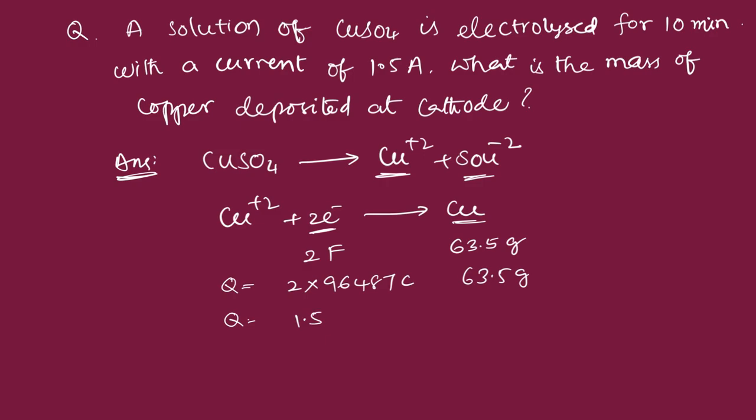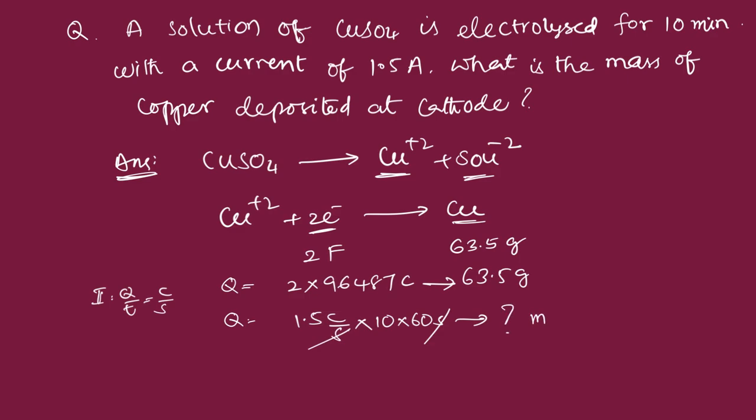Ampere means what? Current is equal to Q by T, that is coulomb per second. Therefore in place of ampere we can write coulomb per second, and here 10 minutes is given, 1 minute equal to 60 seconds, therefore 60 seconds, seconds cancel, and this much charge will deposit how much?